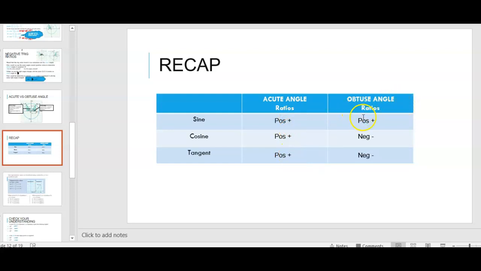For obtuse angles, only sine is positive because only the y value is positive, and x is negative on the second quadrant. Therefore, any trigonometric ratio that has x as a variable will be negative, and those ratios are cosine and tangent. So cosine and tangent are negative on the second quadrant.